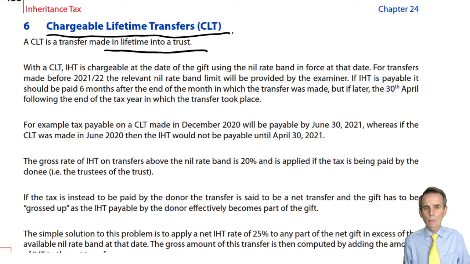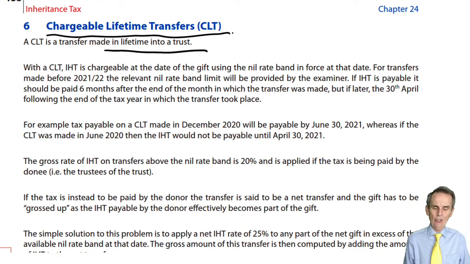Now, there were either of two parties who may pay the tax. The donor, the person who's decided to put all of his or her funds, money, assets into that trust, they too can choose to pay the tax thereon. And if the donor pays the tax, then we know it as a net transfer. So that any excess in relation to this CLT, any excess above the nil rate band, that becomes chargeable, then that is taxed at 25%.